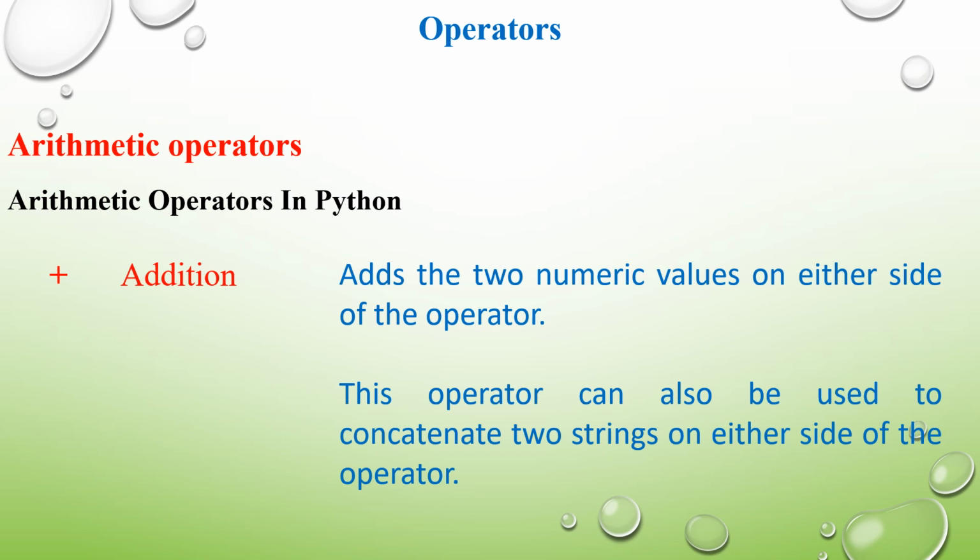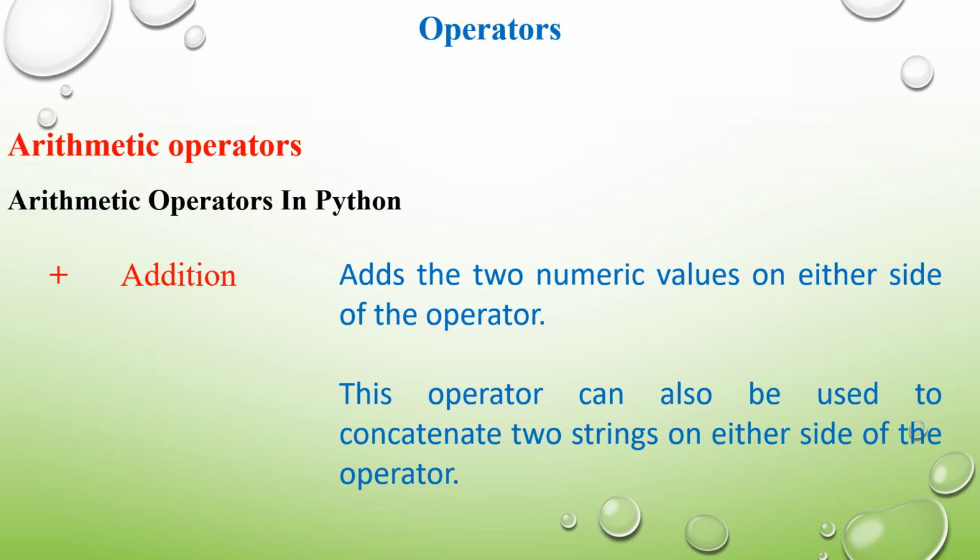It means instead of numerical values, if you give string values, those can be combined or joined. That is called the concatenation of strings, and that can be done by using the plus symbol in Python programming language.